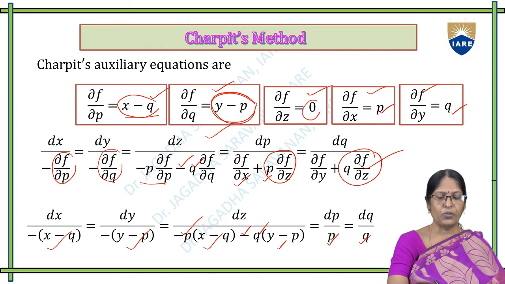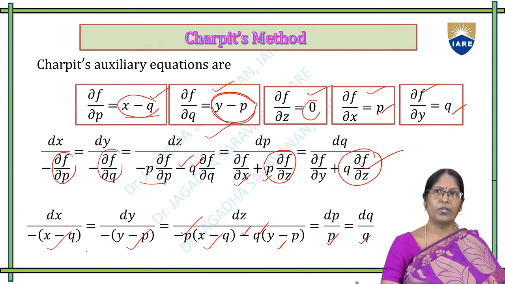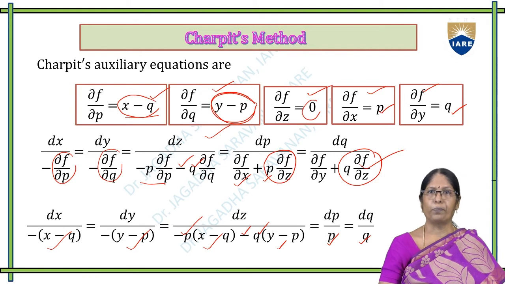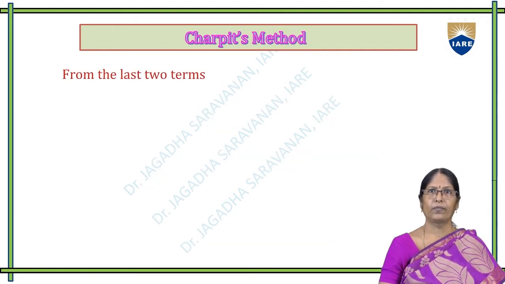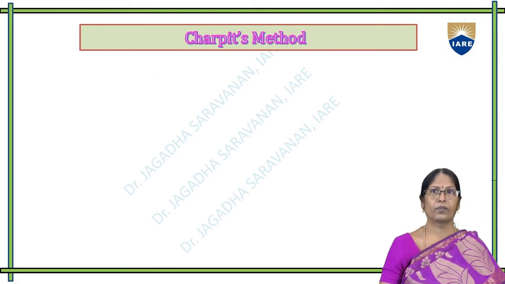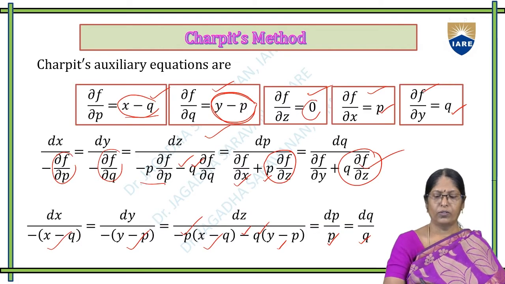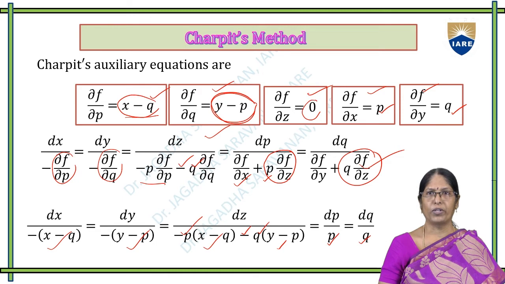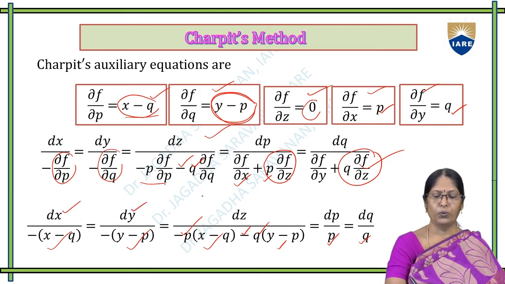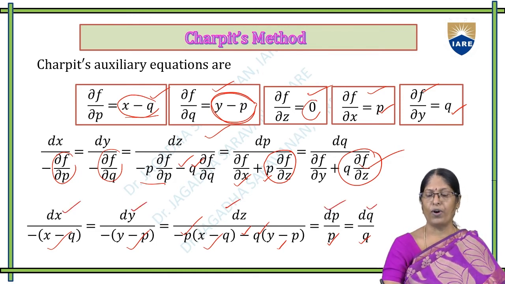After substituting the values we obtained in the Charpit equations, we got totally 5 members: 1, 2, 3, 4, 5.